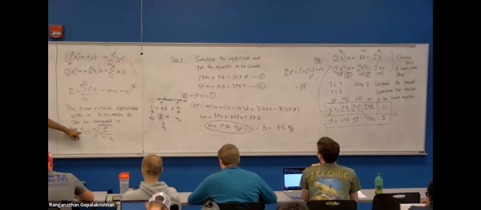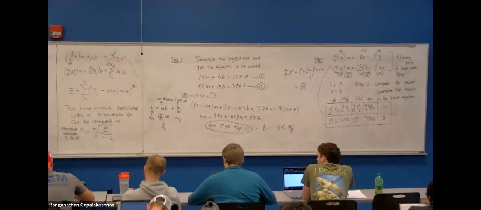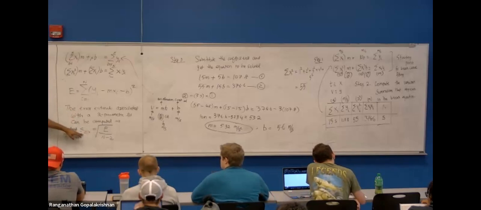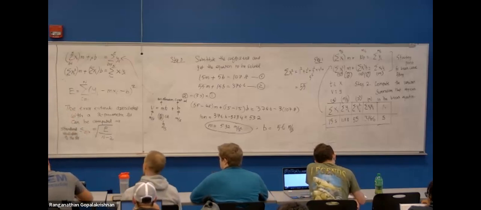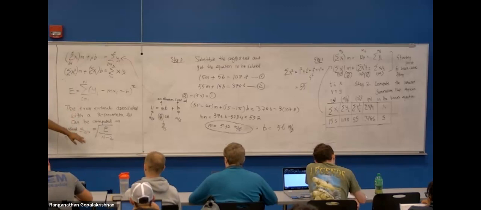Any fit that has S_Y/X closer to 0 is a good or better fit, and anything that has a large value of S_Y/X, or standard deviation, is a poor fit. So that is the error estimate for a given fit.